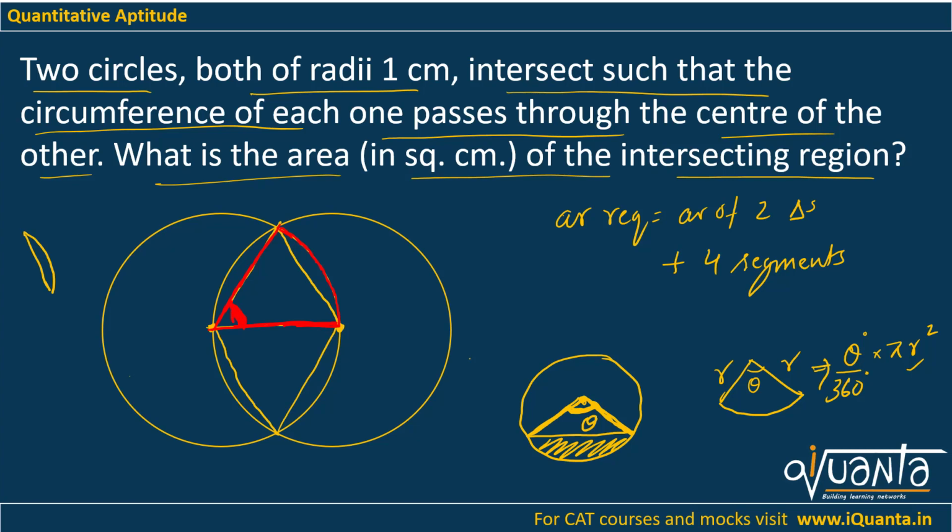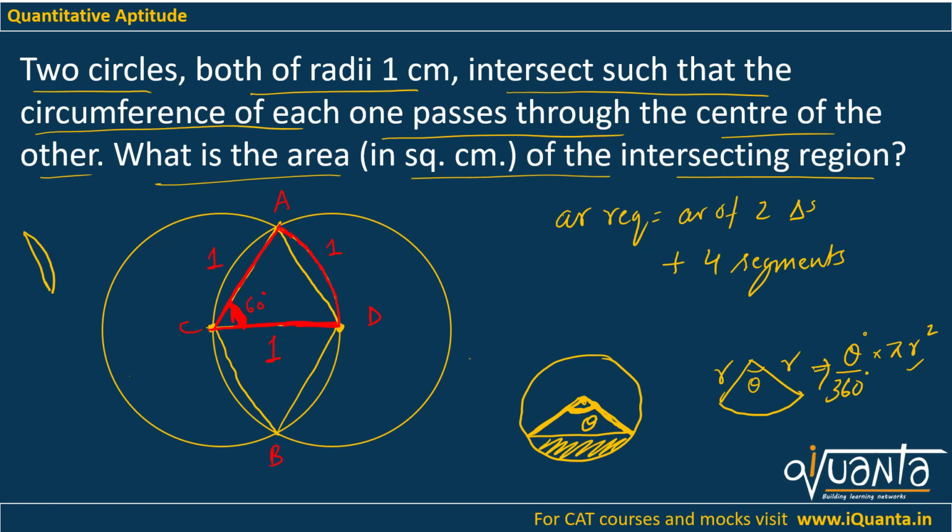How can we find this angle? We were given that the radii of these two circles is 1, so this will be 1. I'll name these points A, B, C, D. AD is also a radius, so this will also be equal to 1. AC is also a radius, so this will also be equal to 1. So now we have a triangle ACD having equal sides 1, 1, 1. So this is an equilateral triangle, hence this angle will be equal to 60 degrees.